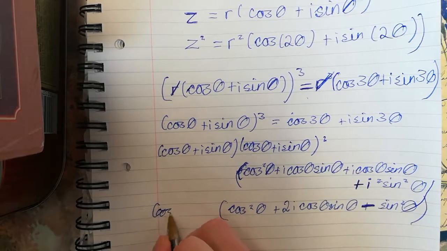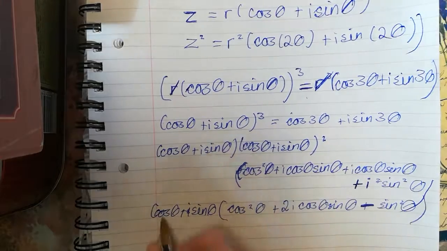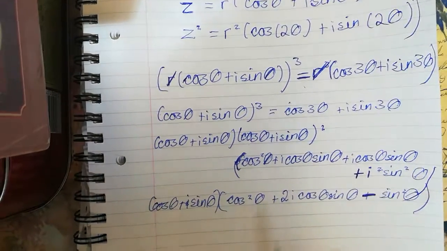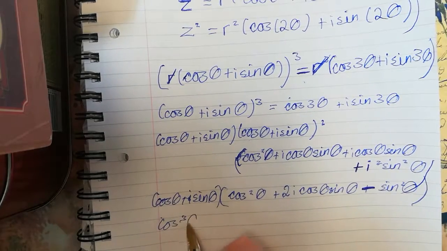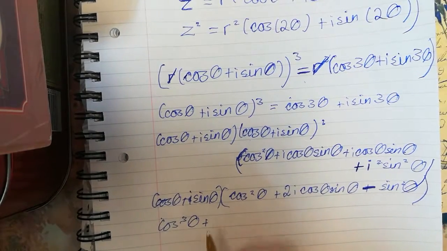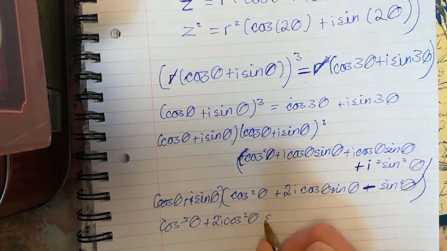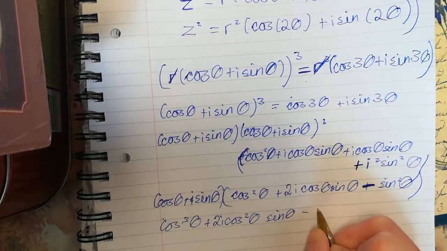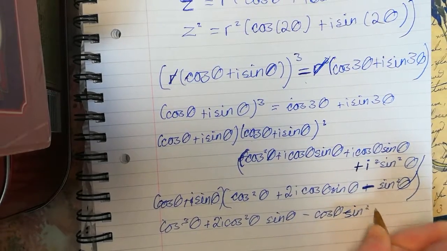Then we also have to multiply that again by cos θ plus i sin θ. So cos by this will be cos³θ plus 2i cos²θ sin θ minus cos θ sin²θ.